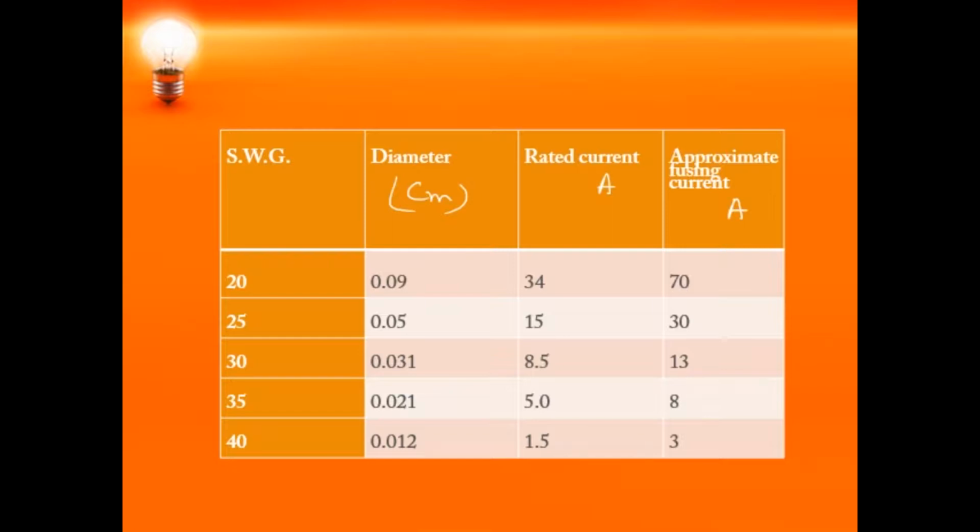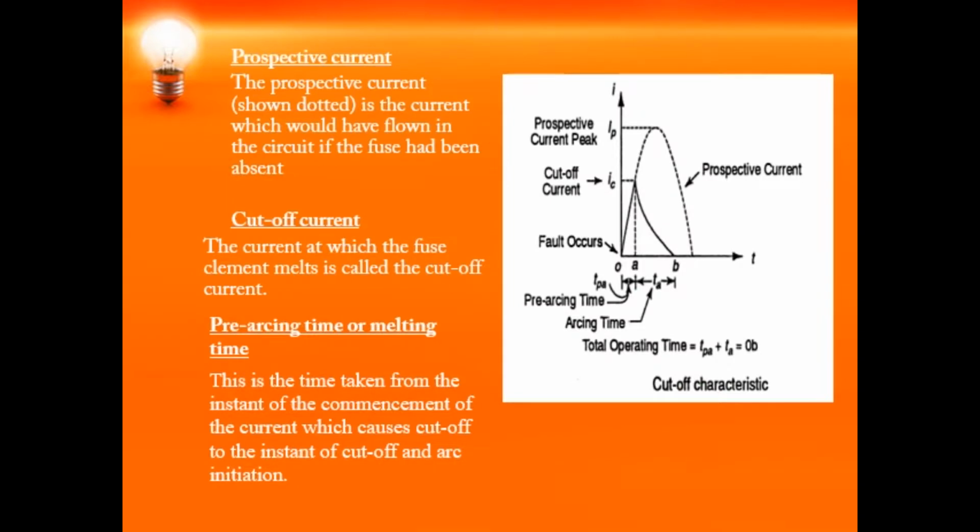Next we will see the cutoff characteristics of a fuse. And this is the cutoff characteristics of a fuse. You can observe that the x-axis is the time and the y-axis is the current. Now let us see two terms with respect to the y-axis, that is prospective current and the cutoff current.